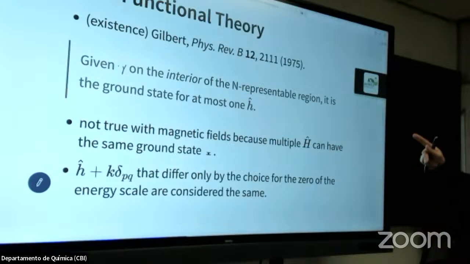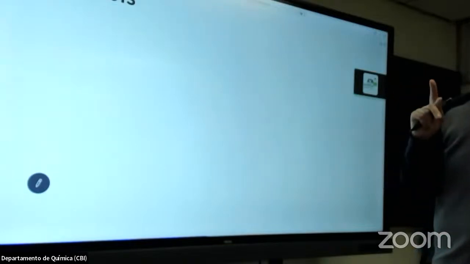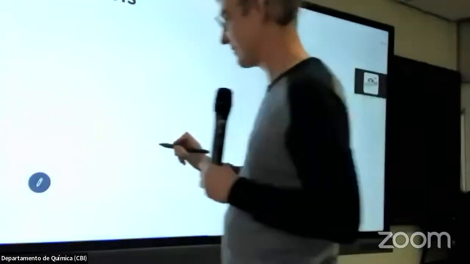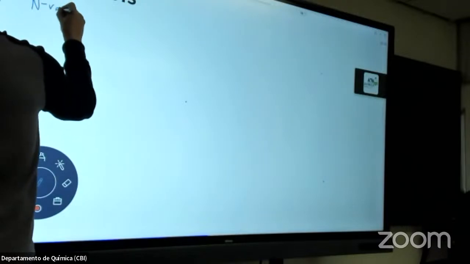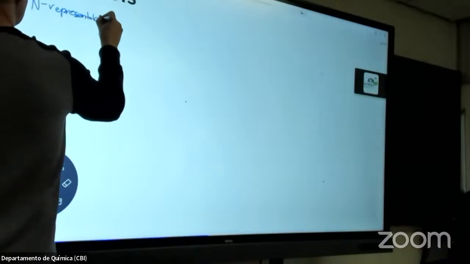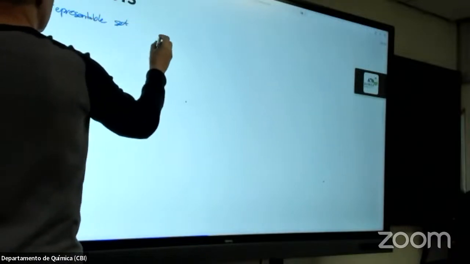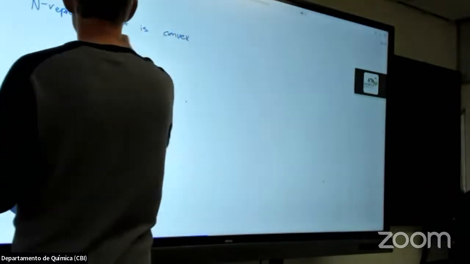Okay, so next slide. Now I'm going to do some proofs. I'm going to think about a few things that we would like to do. One is, I'd like to understand that the irrepresentable set is convex.